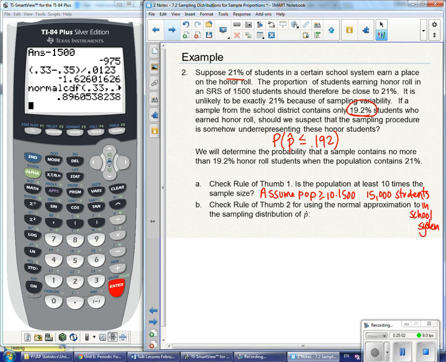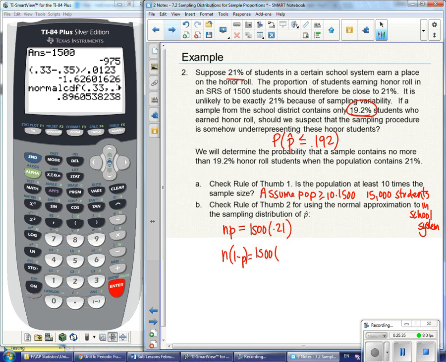Rule of thumb number two is what I need to check in order for me to use a normal approximation. If I don't do that, then there's really no way for me to find the probability with this, because I need to know what kind of distribution to use to calculate the probability. So in order for it to be normal, I have to check my n times p, and so again, it's 1500 times 21%, and n times 1 minus p. And notice that I'm using the population parameter, not the sample statistic.